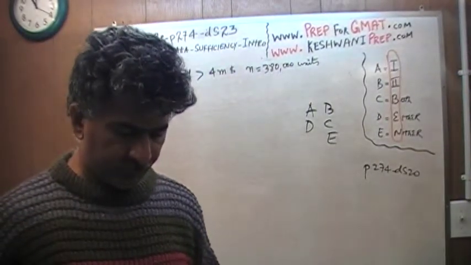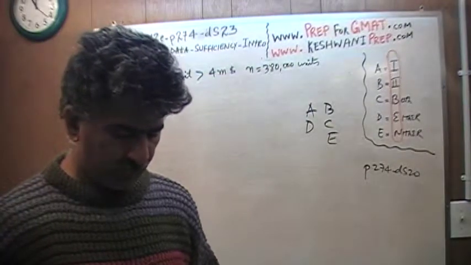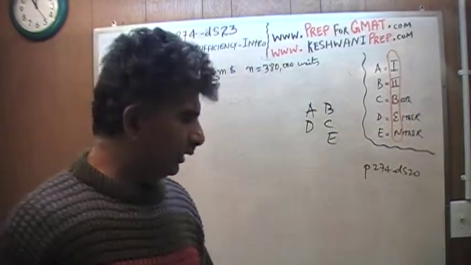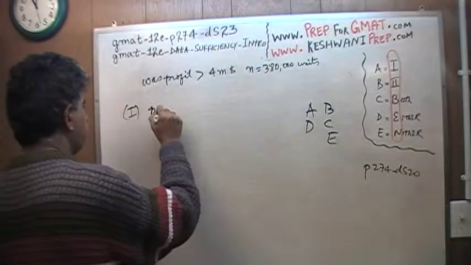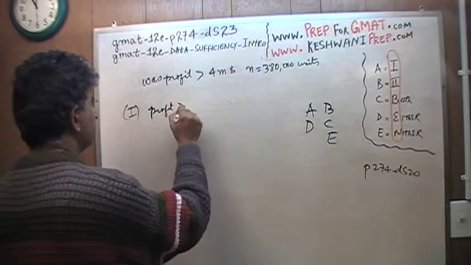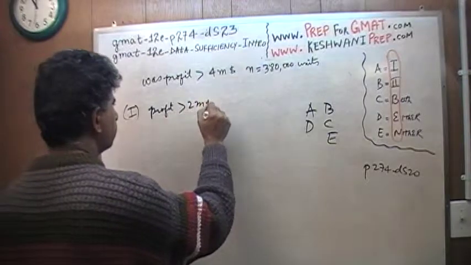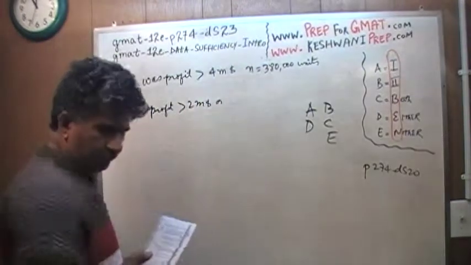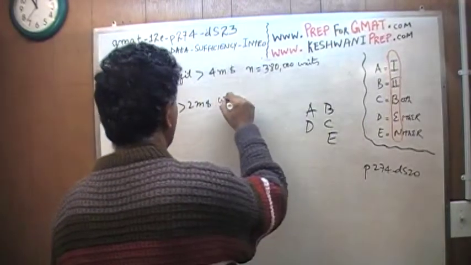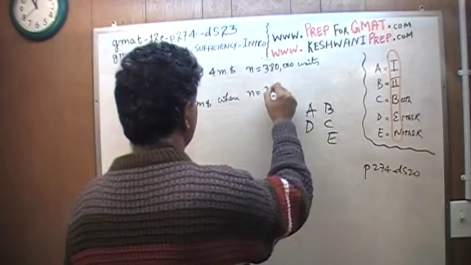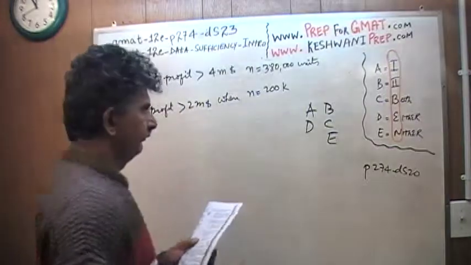The first statement tells us that the profit exceeded $2 million on a sale of 200,000. Profit exceeded $2 million when n was 200,000.